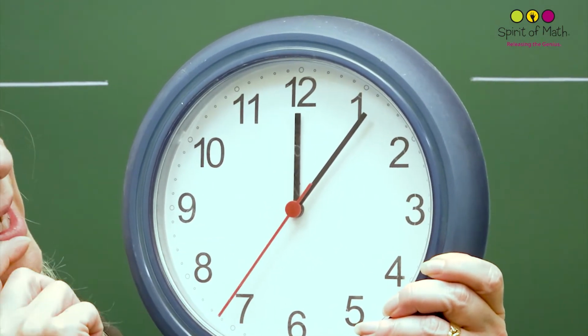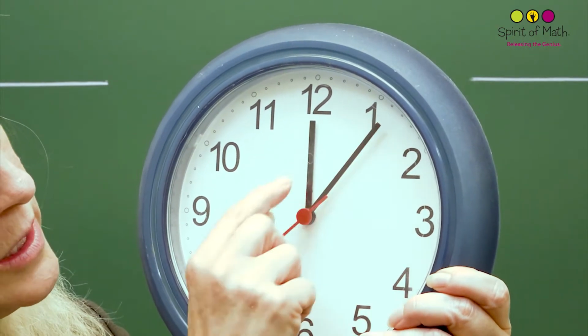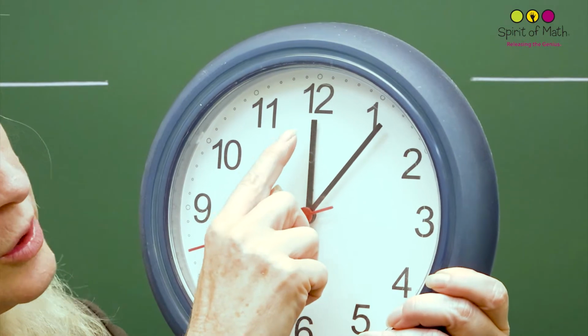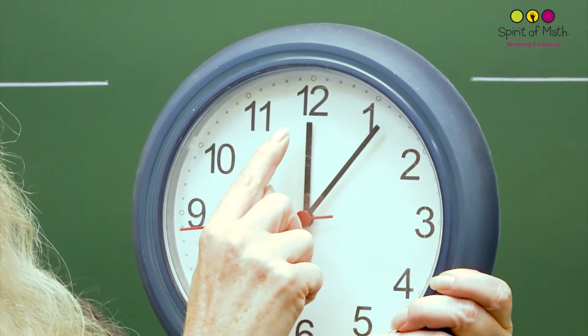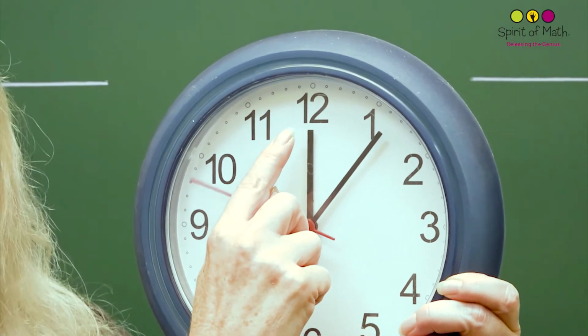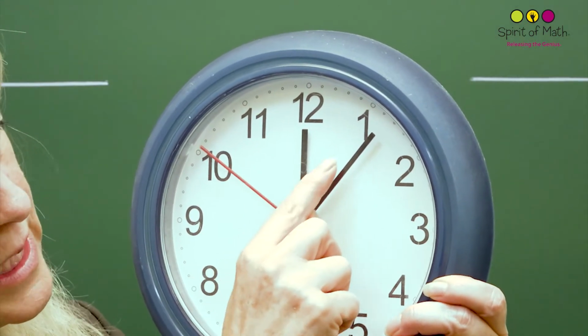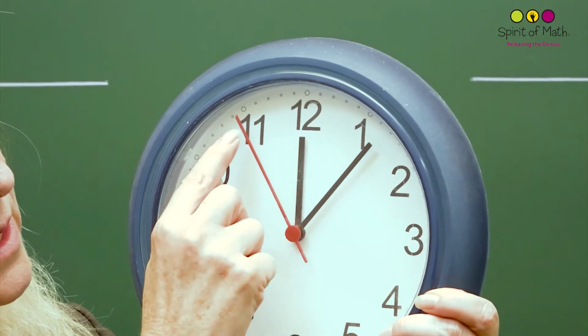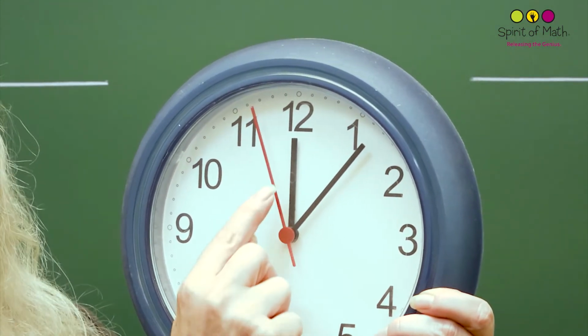All right? Then you've got this longer one and a shorter one here. Let's start with the shorter one. The shorter hand is called the hour hand, and it tells you what hour it is. This hand tells you how many minutes. So you've got the seconds, the minutes, and the hour.